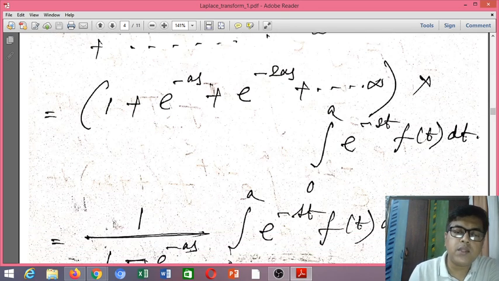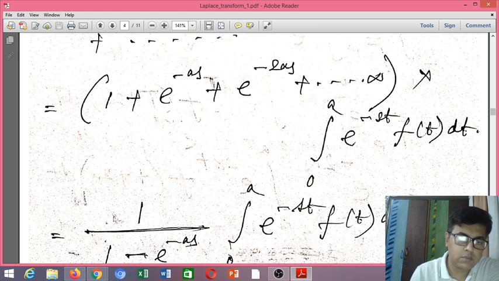Now if you look at the expression in the first bracket, you can recollect what it is. It is basically an infinite geometric series. When we say infinite geometric series, we all know the sum to infinity is the first term divided by 1 minus the common ratio.